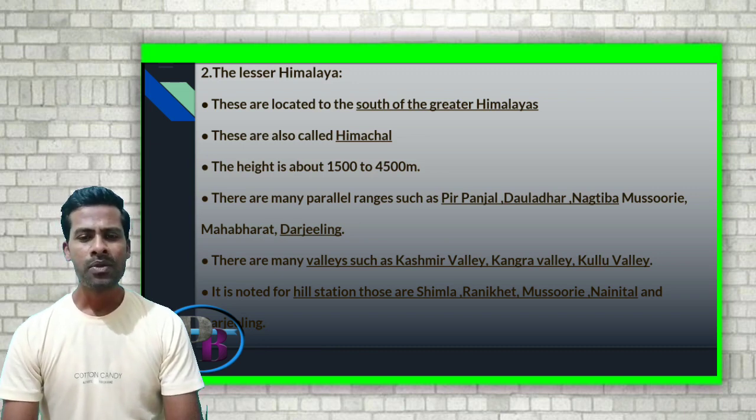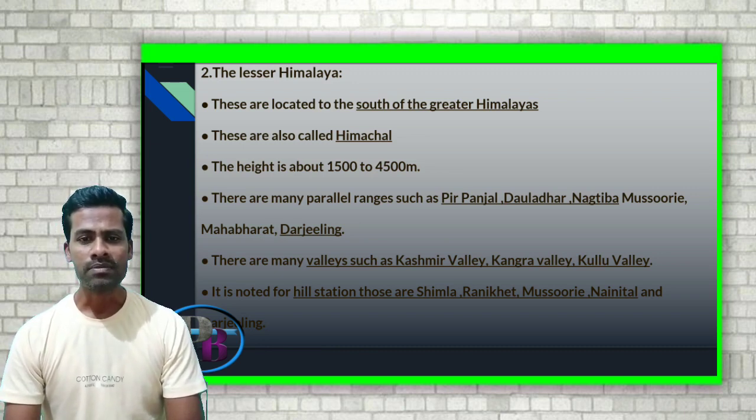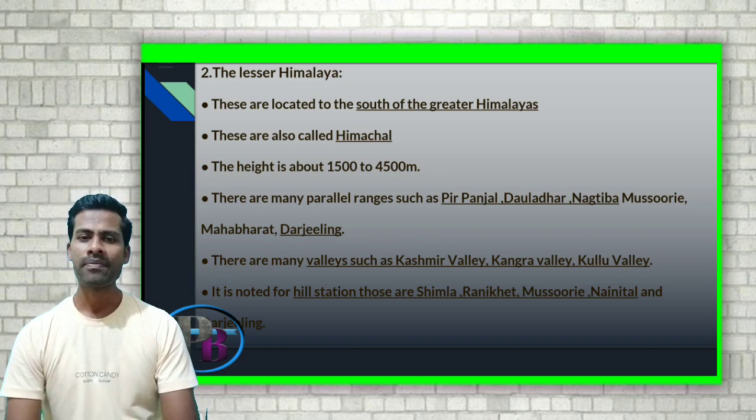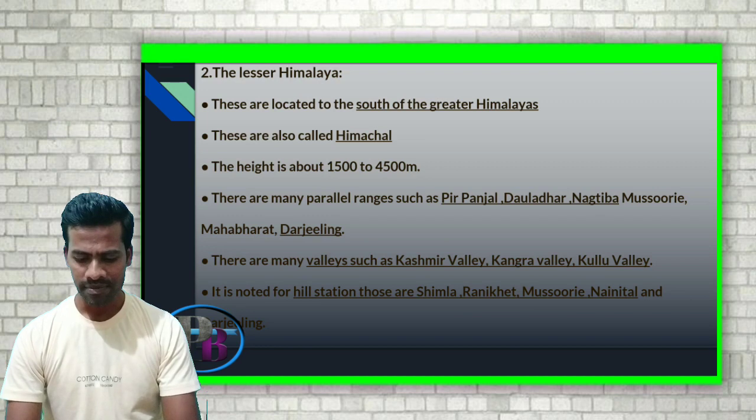And we have to focus on some important valleys that come under this Lesser Himalaya. Which are those valleys? Kulu Valley, Kangra Valley, and Kashmir Valley. These are the three important valleys under the Lesser Himalaya.